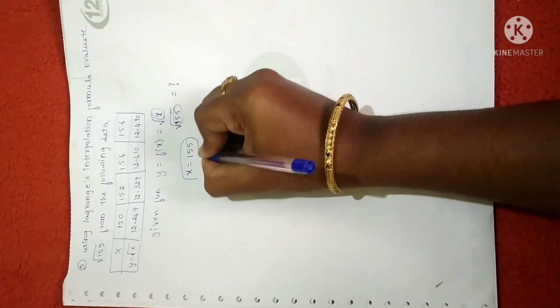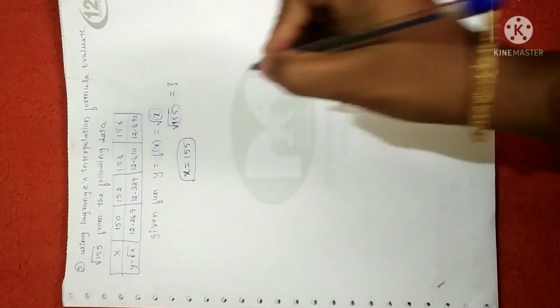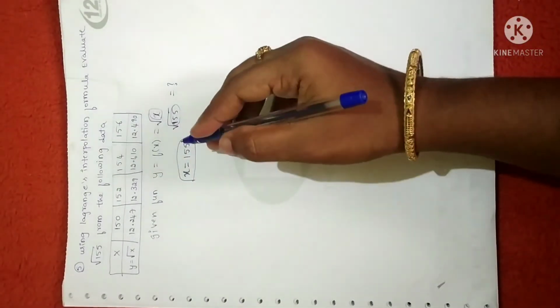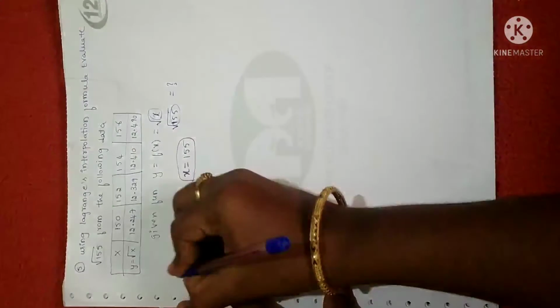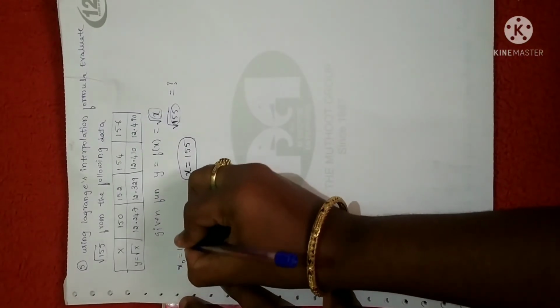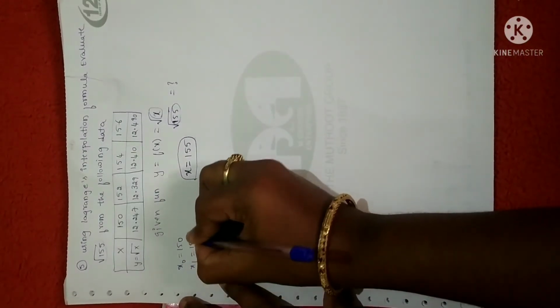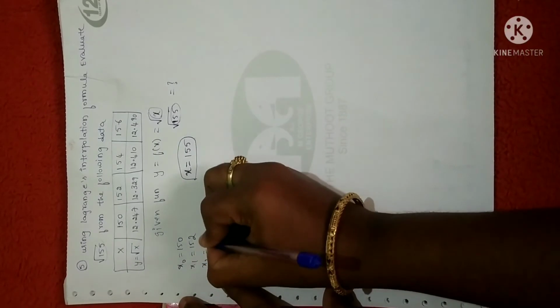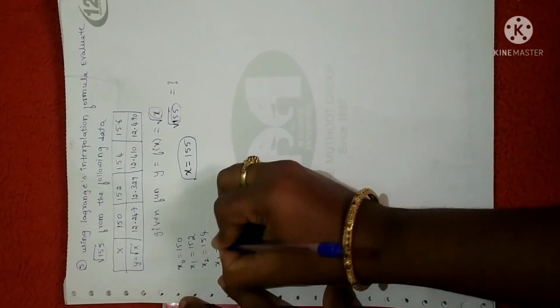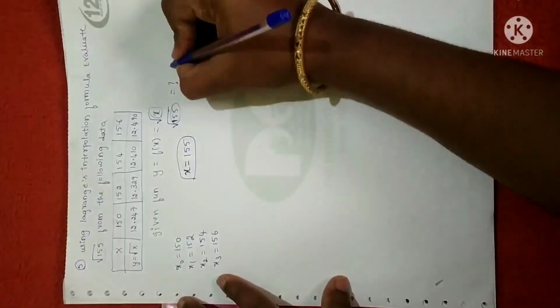So you need to know what we have to find. So x is 155. Now as usual, first you just list down the given data. So x0 is given 150, x1 152, x2 154, x3 156. I'll just write f of x0 here.